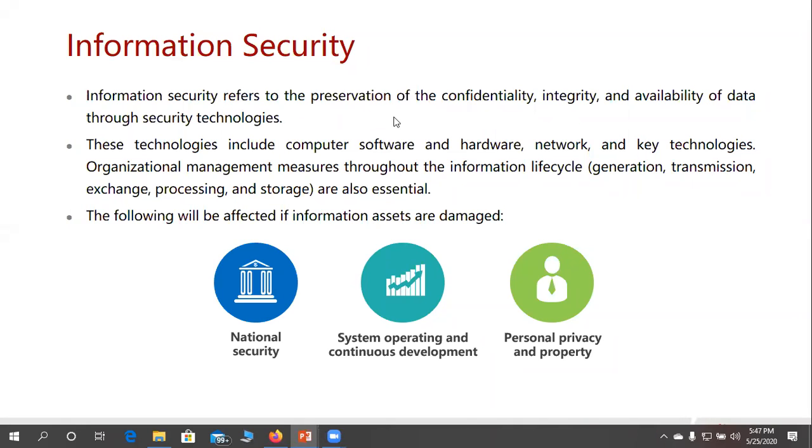Okay, so it is the preservation of confidentiality. Okay, when we talk about confidentiality, here we are trying by all means to make sure that data is not disclosed to unauthorized persons. That is confidentiality. Okay, and how do we achieve confidentiality? We can achieve confidentiality through what we call encryption.